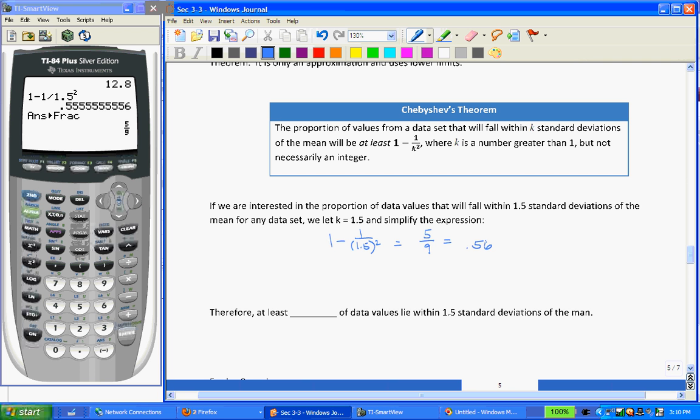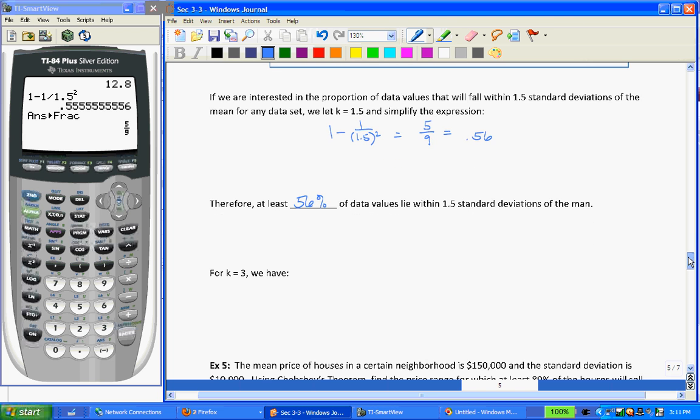Okay, so what Chebyshev's theorem is saying is at least 56% of our data is within 1.5 standard deviations of the mean. Now, it's very possible that there's significantly more, but this is at least the bare minimum. That's what this is saying. At least 56% of our data is contained within 1.5 standard deviations, no matter the data set. So that's what we get from there. So let's put that here. So at least 56% of the data values lie within 1.5 standard deviations of the mean.